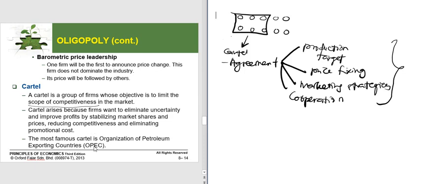One example of the most famous cartel is OPEC. OPEC is basically an organization where there are 13 member countries, oil producing countries, oil exporting countries. So OPEC has 13 member countries, and these countries are oil exporting countries.